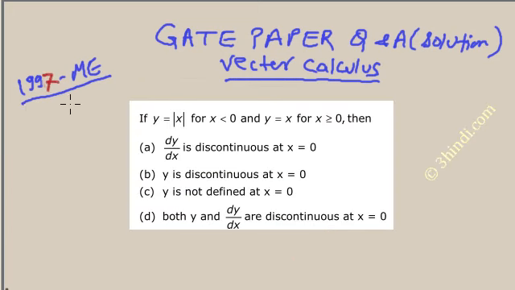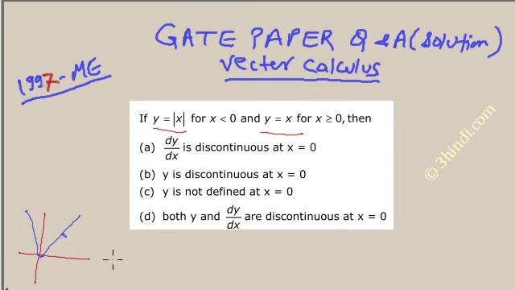This is a 1997 question. If y is mod of x, then if you plot this curve, first is this and this. For x less than 0, y should be positive. And for x greater than 0, y is equal to x, so this blue one is the graph. So dy over dx is discontinuous at, if the slope here is negative, the slope there is positive.